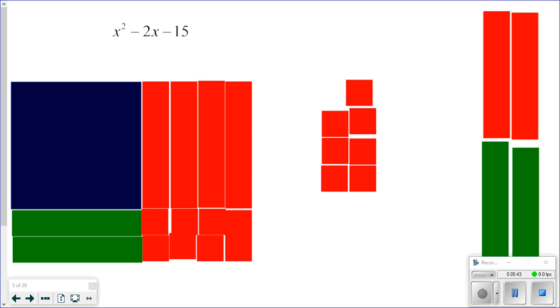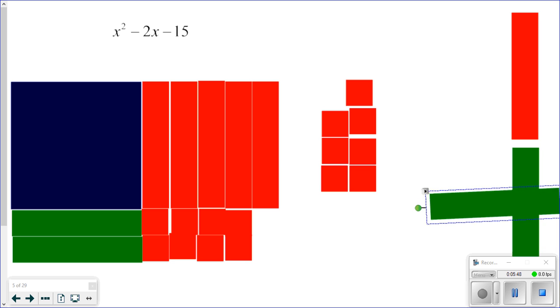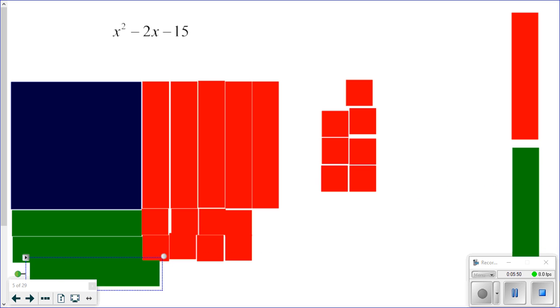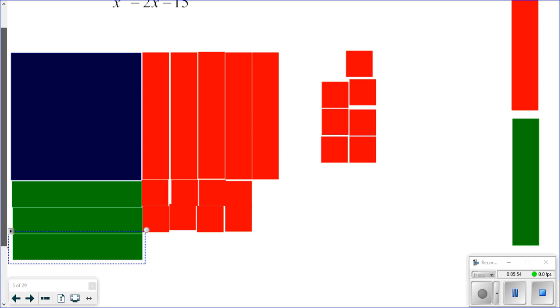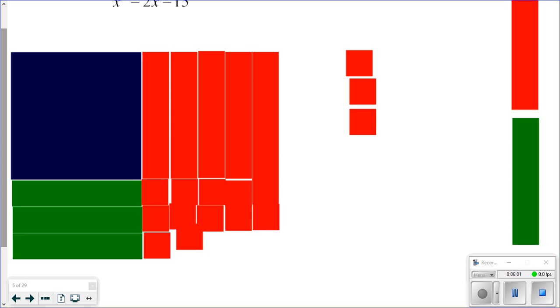So we're going to keep adding red and green so they cancel each other out until we use all of our little red squares. Now this looks like it's going to work.